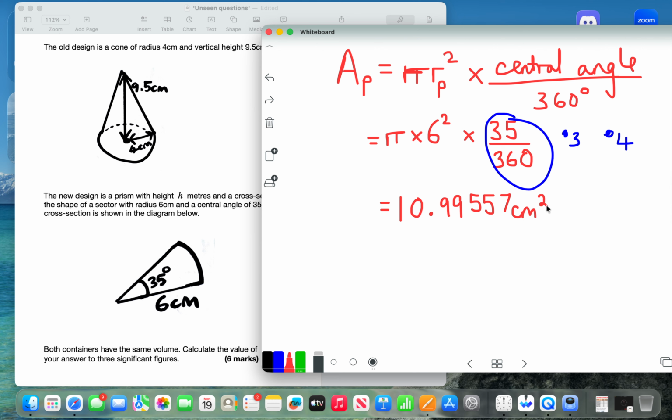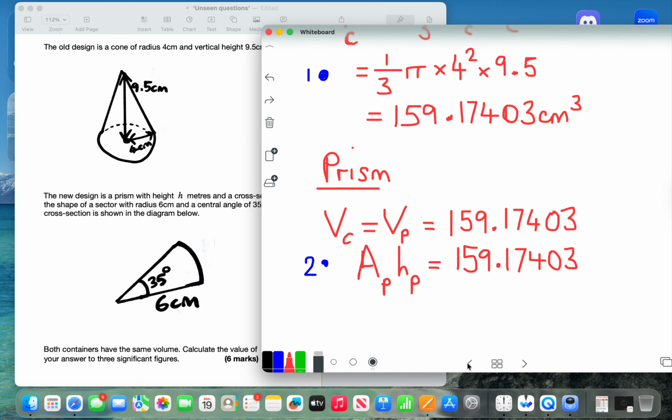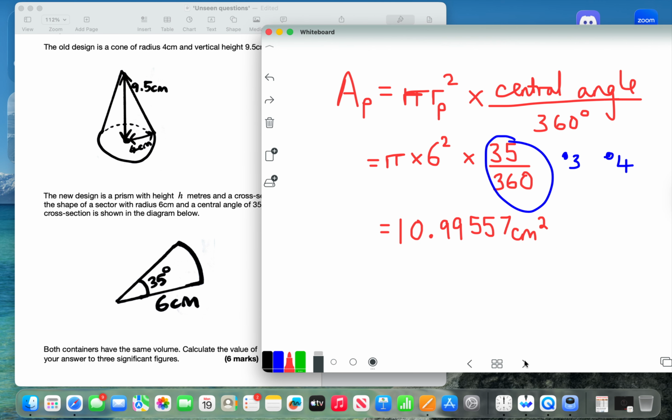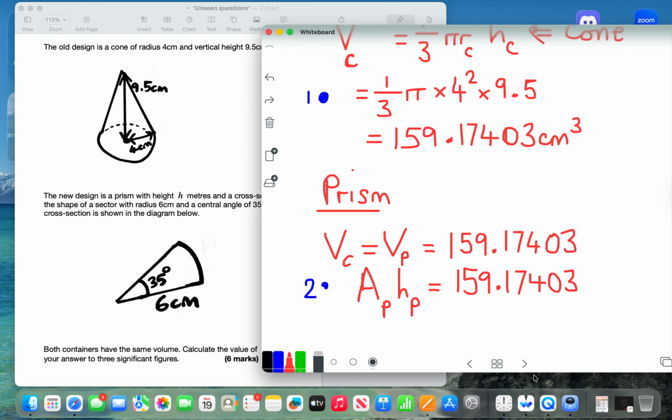So we have that. We had the formula to calculate the height of the prism. Now we know the volume, we know the area of the cross section. We want to find the height. So rearranging, we can divide.